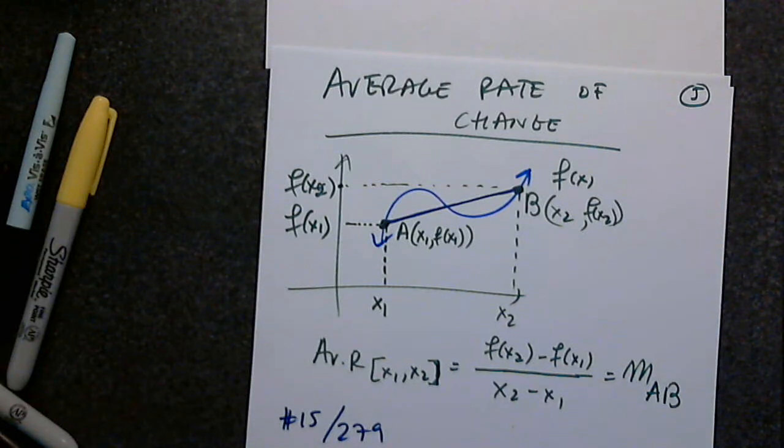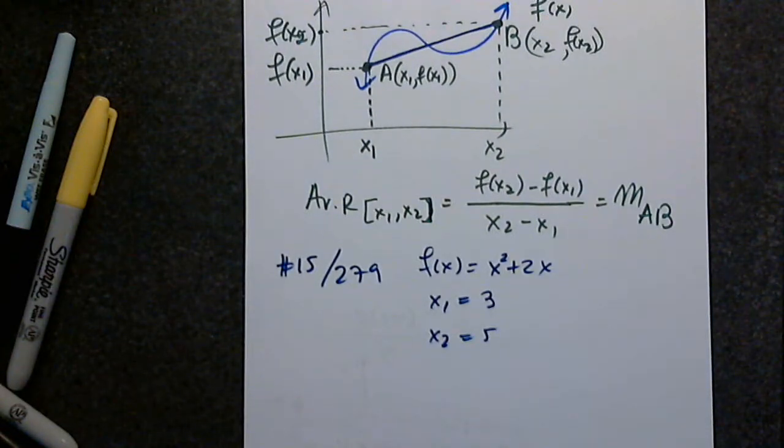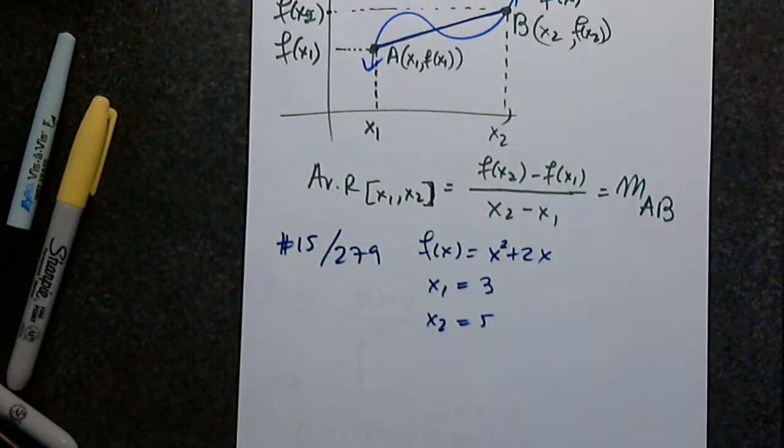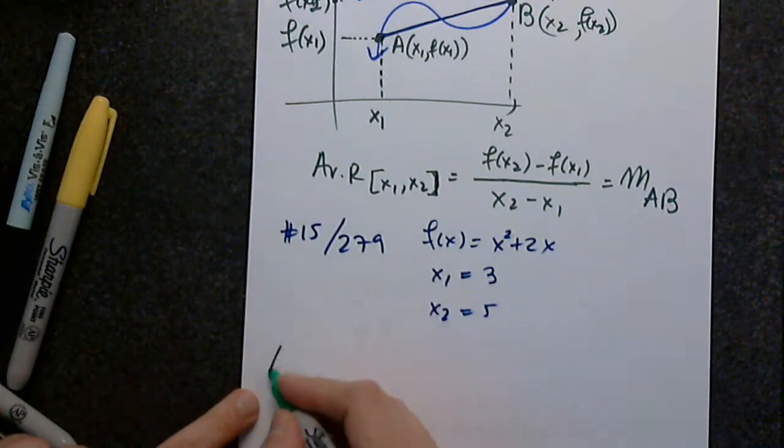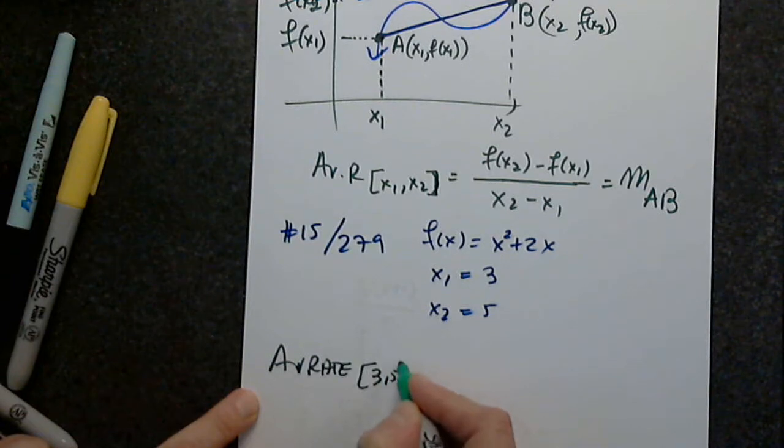So now we're given a quadratic function, f of x equals x squared plus 2x, and they're giving us x1 equals 3 and x2 equals 5, and they want us to determine the average rate of change of this function, which could be distance, profit, cost, who knows. We're asked to find the average rate of change between 3 and 5.